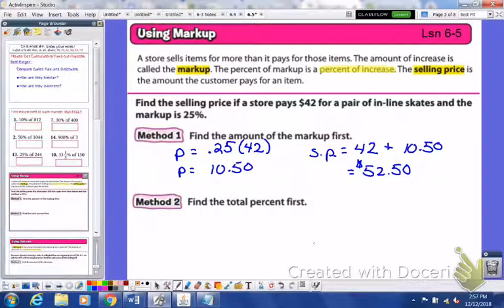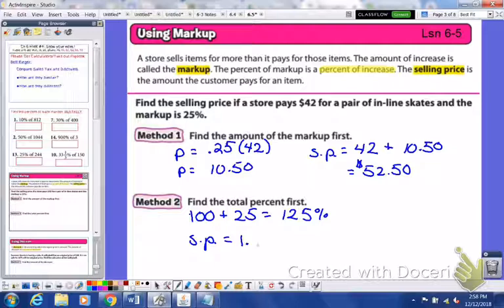Method 2 would be to find our total percent first. Okay, so we start with 100% plus the percent of markup. So our selling price is going to be 125% of our original. So my selling price, we're using SP here, equals 125% as a decimal.